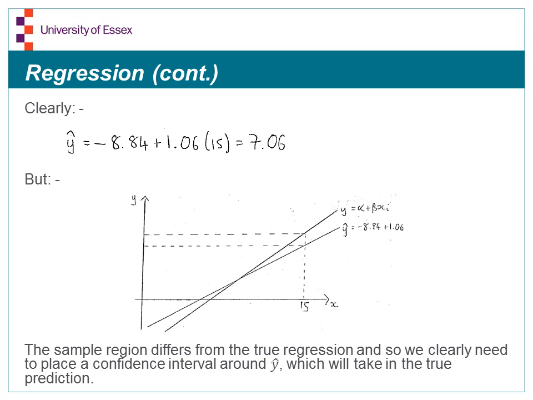We can see here that if I plug the value 15 into this equation, I get 7.06 out, and if I look down at my graph over here, if I take the x value of 15 and look up, then I can read off a y hat value, and I can then read off the real value associated with 15, assuming that 15 was in my sample set and I had the exact y that matched that 15.